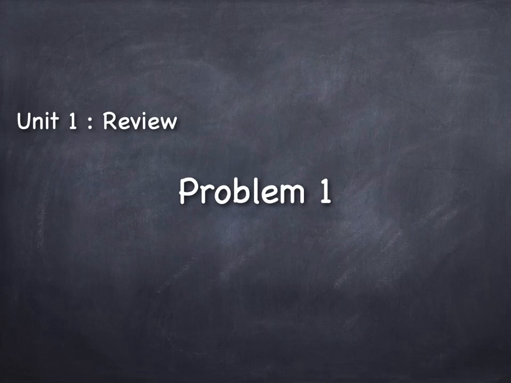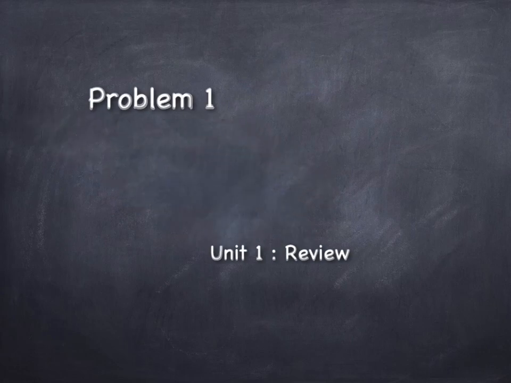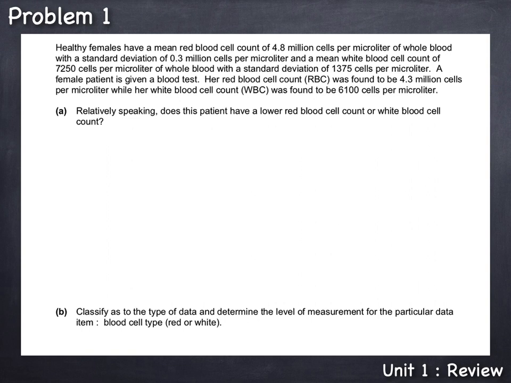Unit 1 Review, Problem 1. Healthy females have a mean red blood cell count of 4.8 million cells per microliter of whole blood, with a standard deviation of 0.3 million cells per microliter, and a mean white blood cell count of 7,250 cells per microliter of whole blood, with a standard deviation of 1,375 cells per microliter.